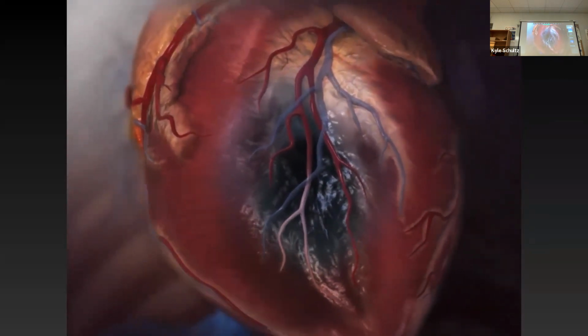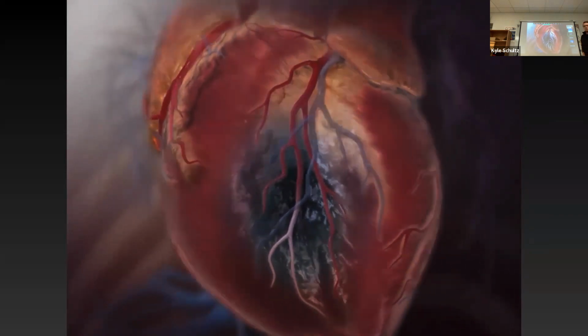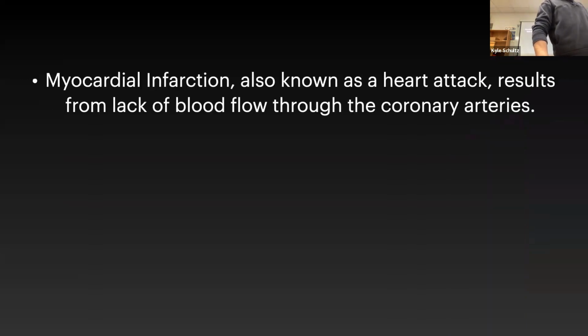And then we can see that lesion becoming necrotic and the heart no longer being able to pump the way that it should. So, let me minimize this.